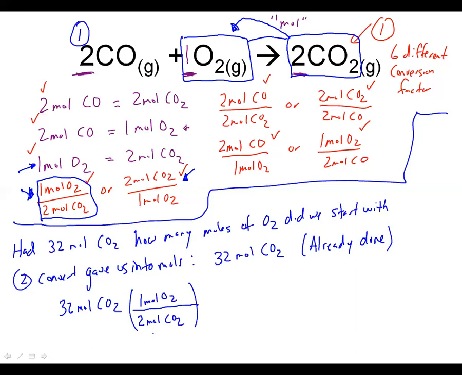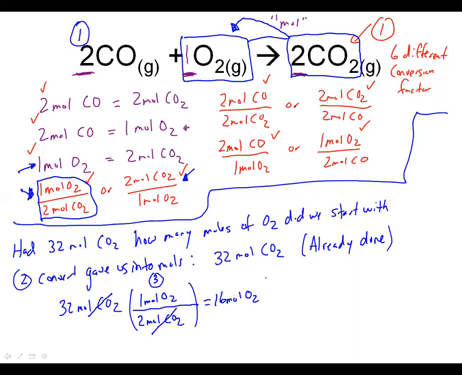That is the stoichiometry part. That's going to get rid of our CO2 and allow us to go from CO2 to O2. And we're going to divide by 2, which gives us 16 moles of O2. This would be step number 3.